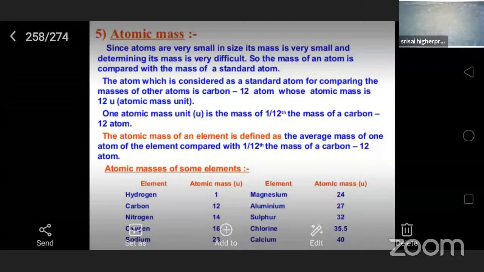Okay. Right now, atomic masses of some elements. So this is atomic mass. Atomic number is different, atomic mass is different. Some elements are given, element and atomic mass.